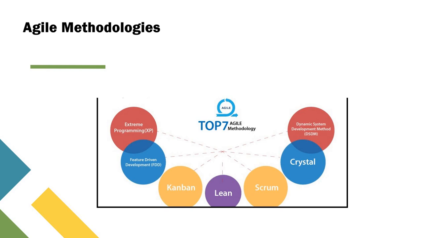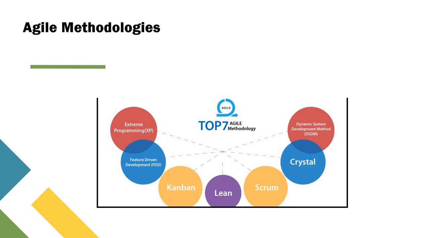So you just want to know the terms, that is, what the top agile methodologies are. Here we will be explaining Scrum in more detail. The next methodology is feature driven development.